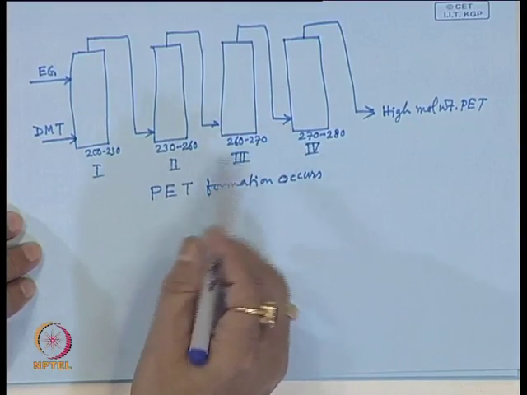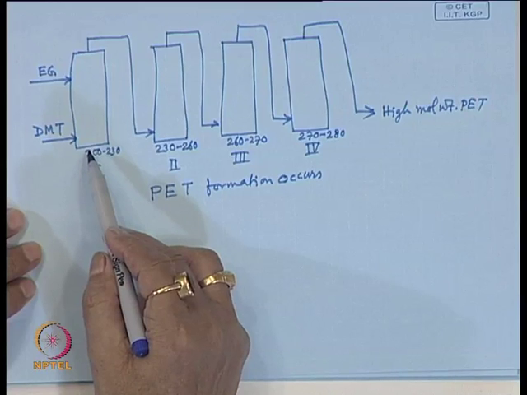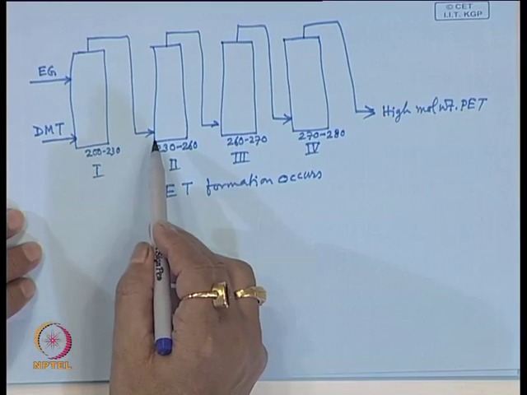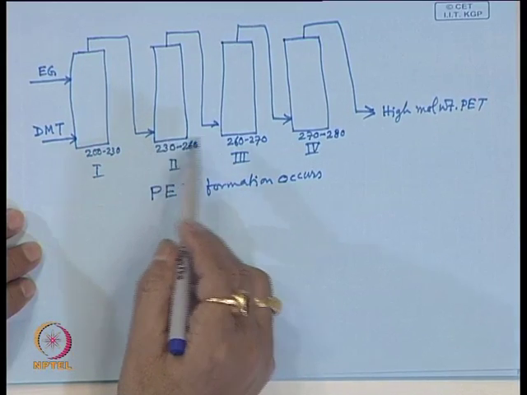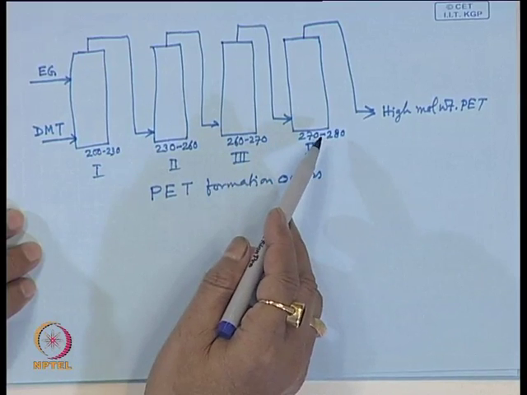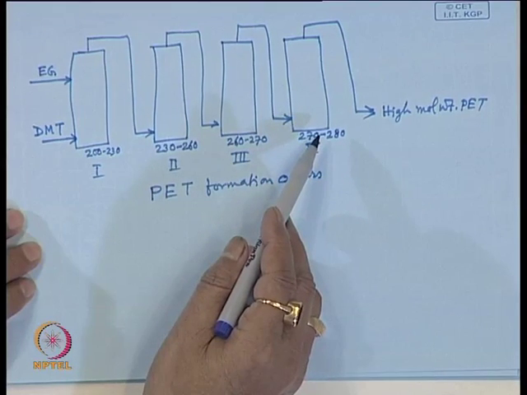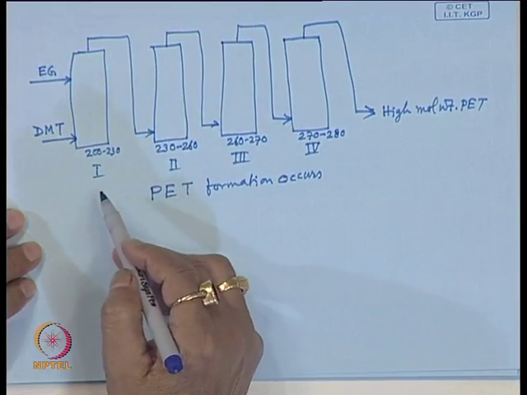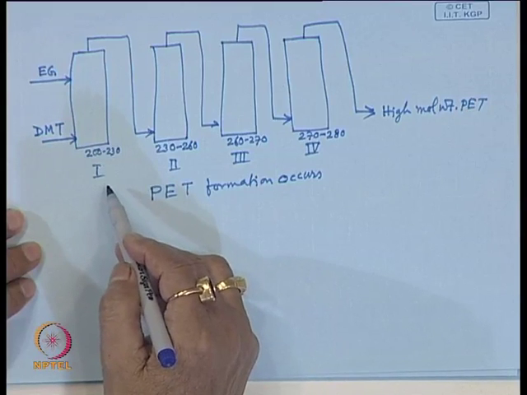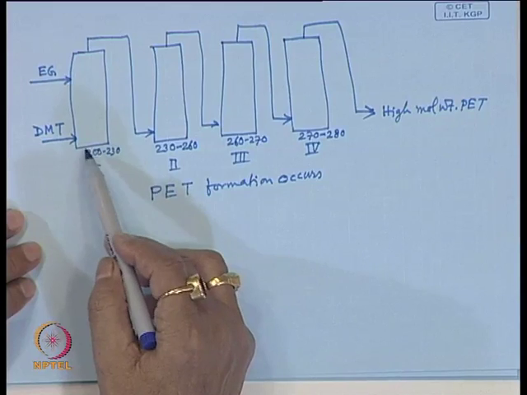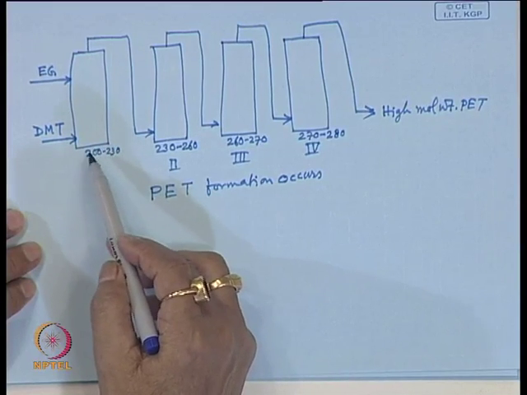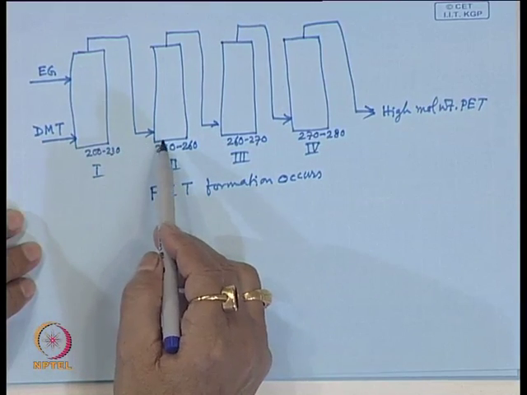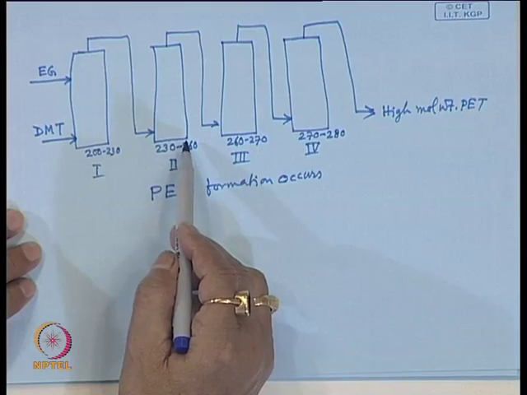but the temperature is different because here we have lower oligomers, medium oligomers, higher oligomers, high molecular weight, because I told you with the growth of size their melting point changes. So, the first reactor may be kept at lower temperature, then the next one at a little higher temperature.